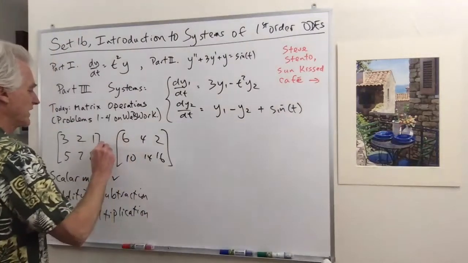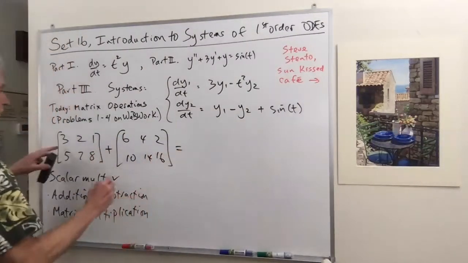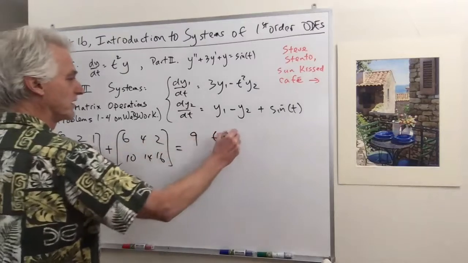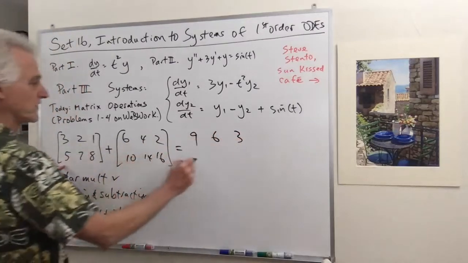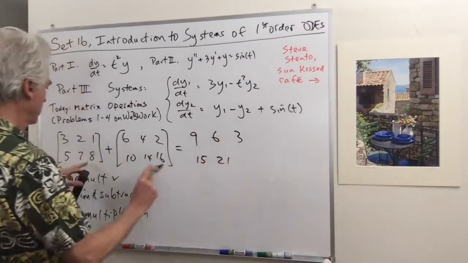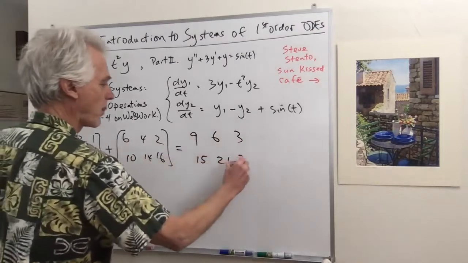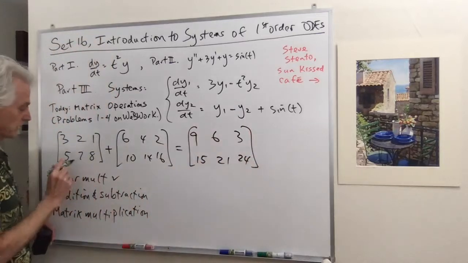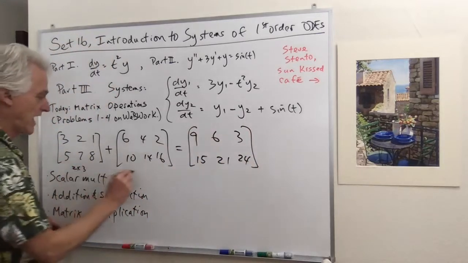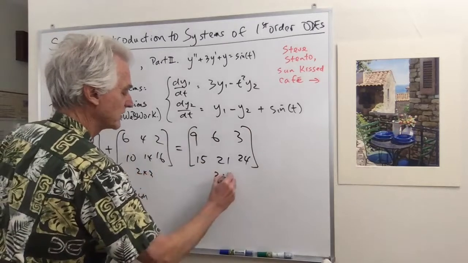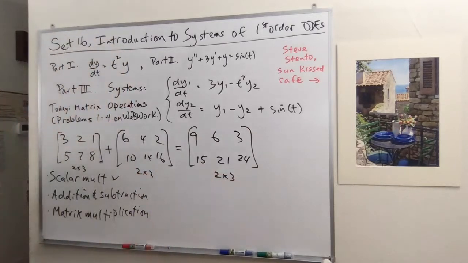So I can add it, and I get 9, 6, 3, 15, 21, 24. So if I have a 2 by 3 matrix, and I add another 2 by 3 matrix, the result is a 2 by 3 matrix.